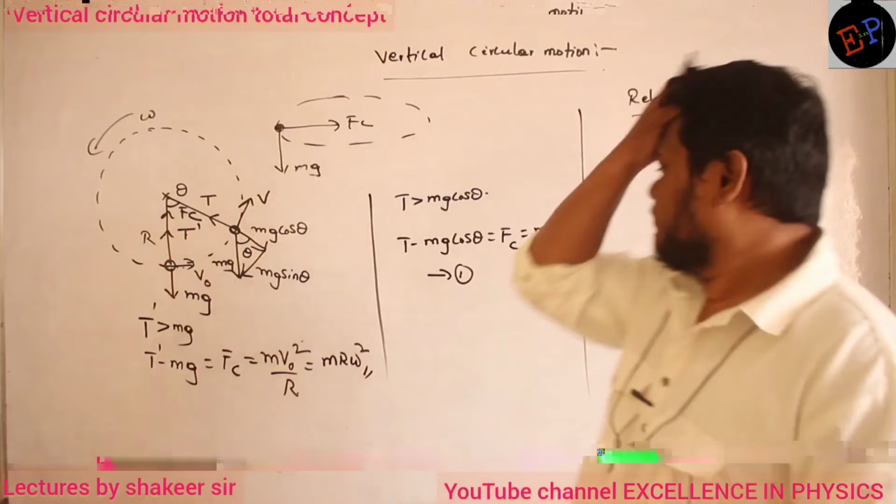Are you able to understand? That's all. So write down. After reaching 180 degrees, tension is 0, but velocity is not 0. Therefore, the bob continues to move, and again tension develops.